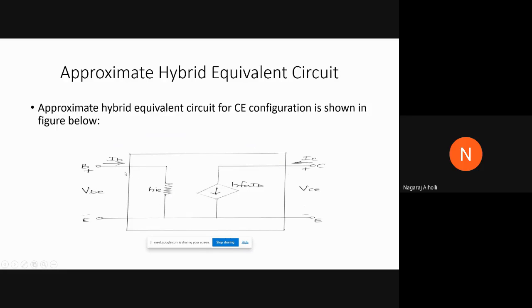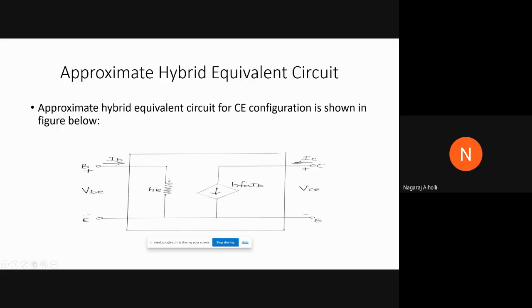Input current is the base current because the emitter is common between the input section and output section, right? Therefore, the input is applied to the base terminal, that is IB, and the output is coming from the collector terminal. According to the convention, we have to take currents inside. Therefore, IB and IC are shown flowing inside the two-port circuit.